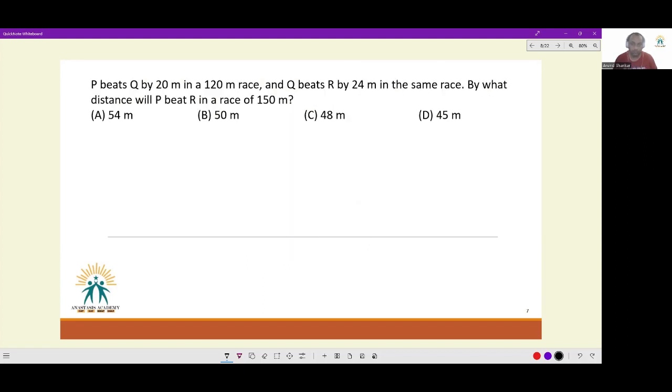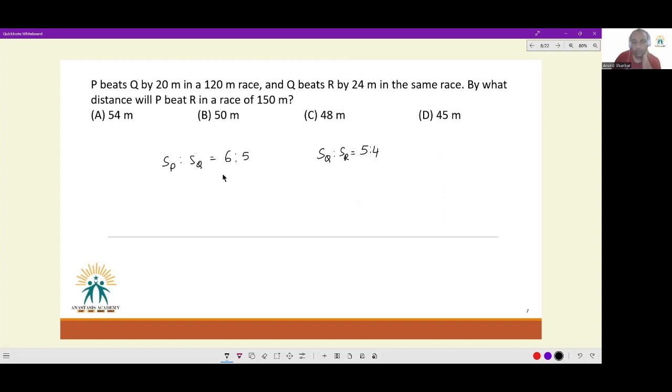Okay. Next question. P beats Q by 20 meters in a 120 meter race, which means speed of P is to speed of Q, because they're running for identical time, 120 and 100, is 6:5. And Q beats R by 24 meters in the same race, which means speed of Q is to speed of R should be 5:4.